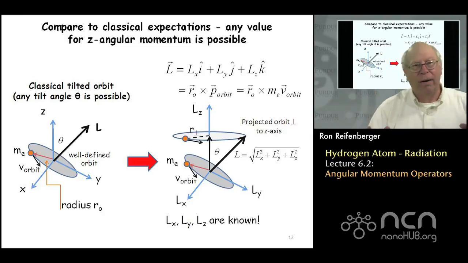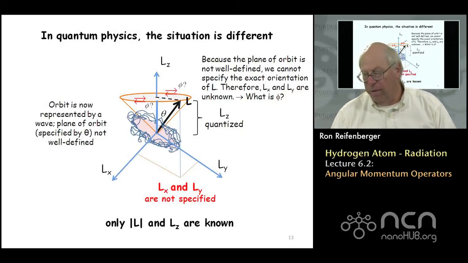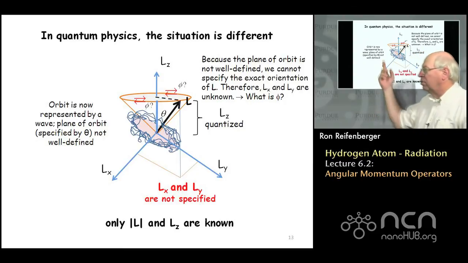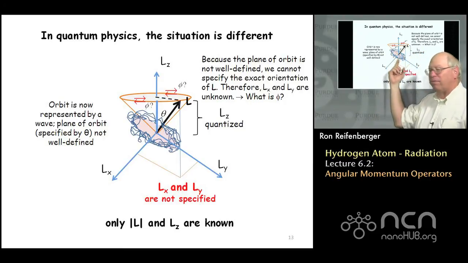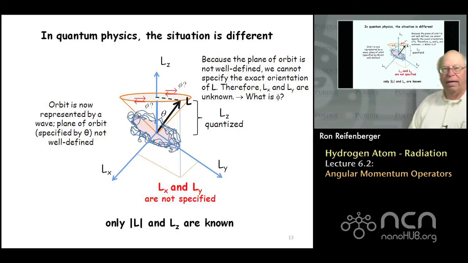What happens in quantum mechanics? Why is it so different? Why can we only know the Z component of the angular momentum? Well, in quantum mechanics, the particle is now represented not by a particle, but by a wave. So there's some wave that I've schematically indicated in this diagram, right? And that wave is delocalized in space.